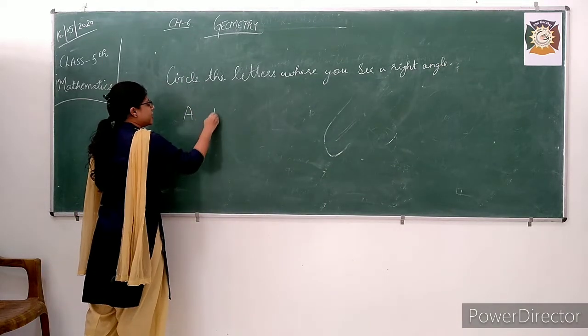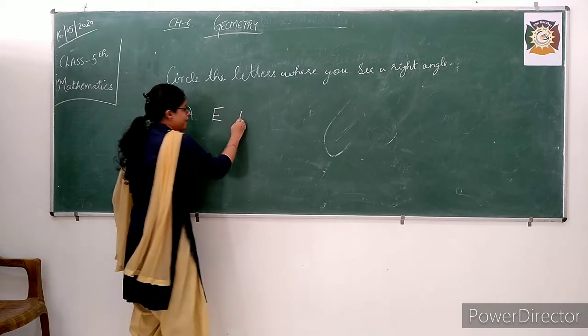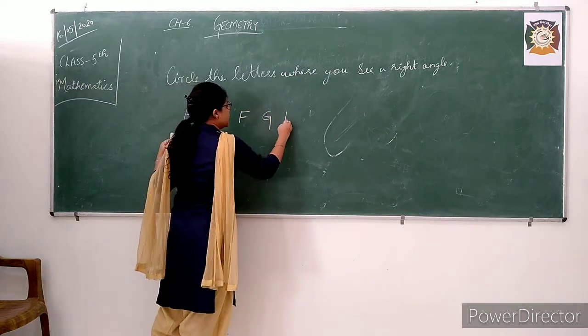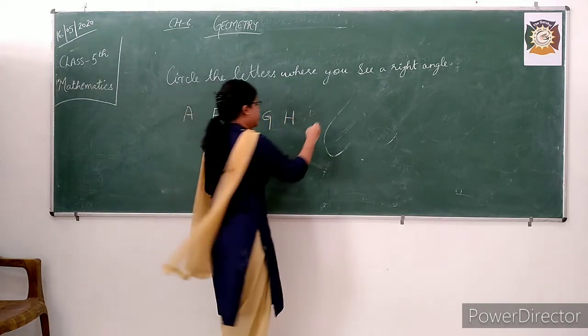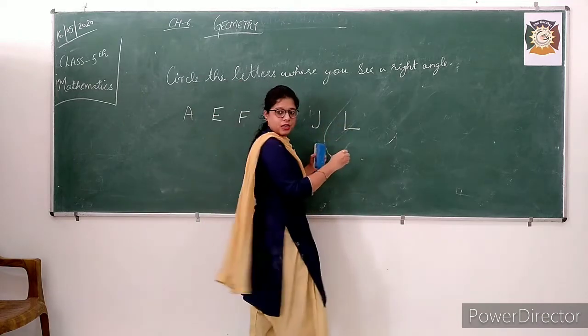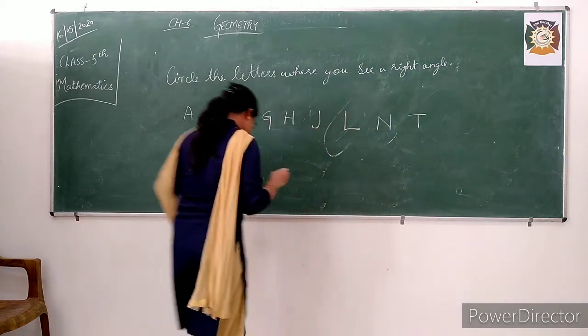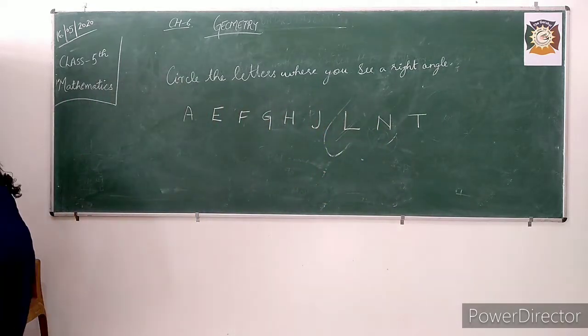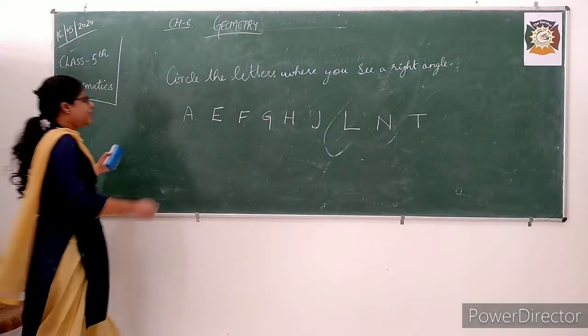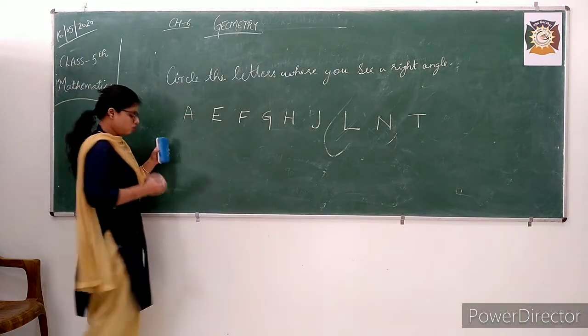You are given the letters A, E, F, G, H, I, L, N and T. You can observe the arms of the angle and find if they are making a right angle or not.